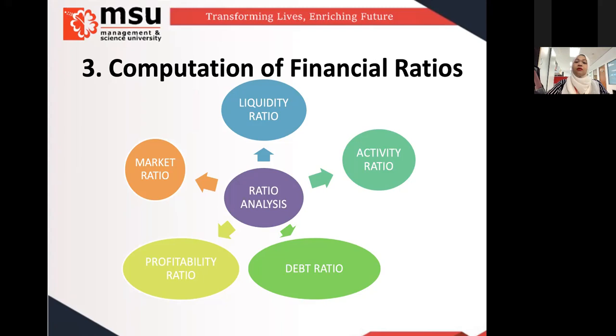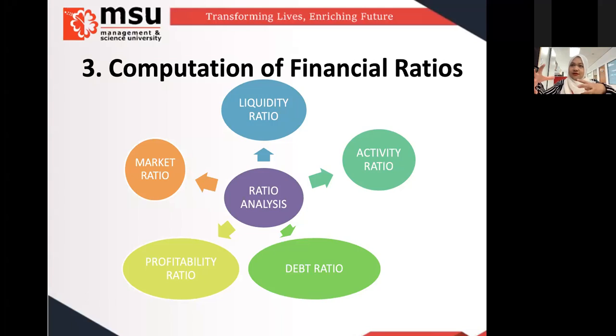So that one is the liquidity ratio. Second is the activity ratio. With the activity ratio, we want to know the effectiveness and the efficiency of the company's management. Is the company effective in managing its inventory? Is the company effective in getting cash from its clients?